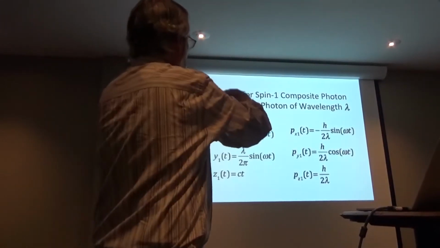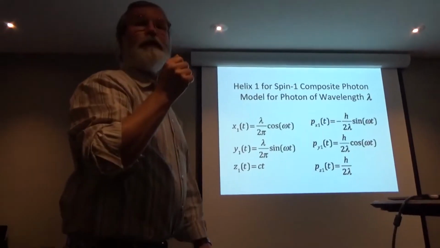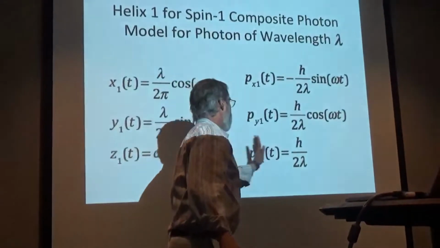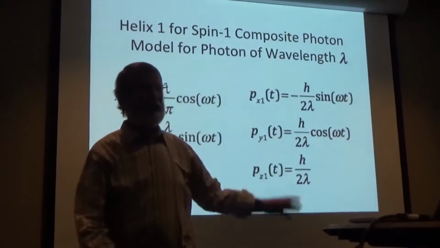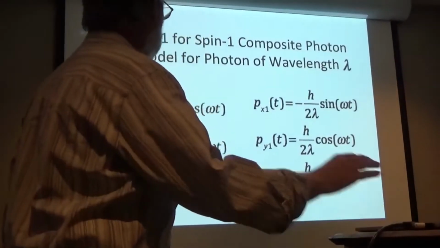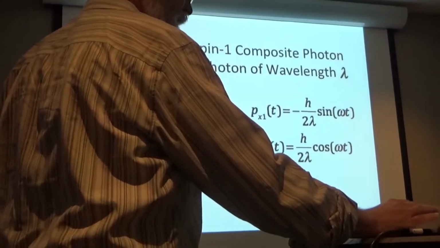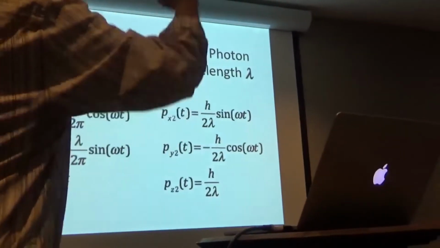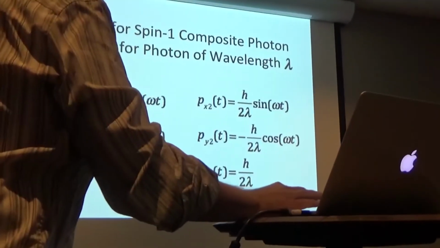And for each of the half photons, therefore, it's h over 2 lambda, because the momentum of a photon itself is h over lambda. And the z component of the half photon momentum is also h over 2 lambda in the transverse direction. But two of them together will add up to a total momentum of the photon of h over lambda. This is the second helix, so just mathematically they're opposite each other, moving in a double helix.